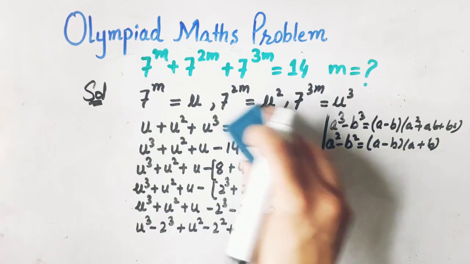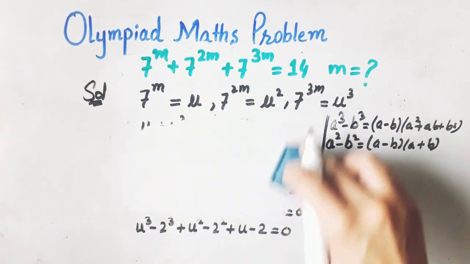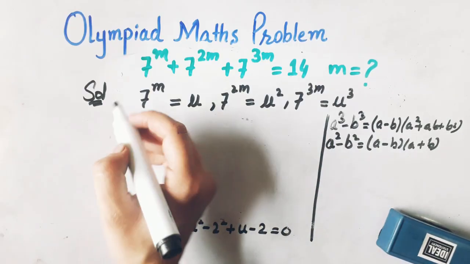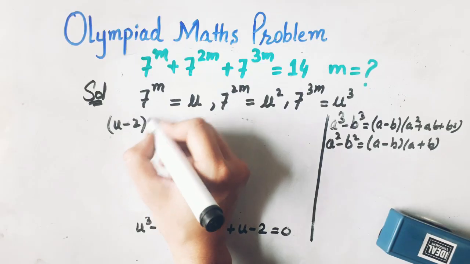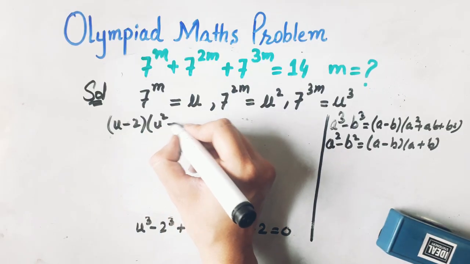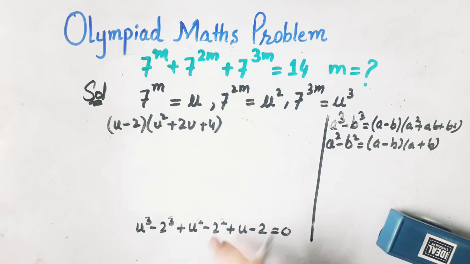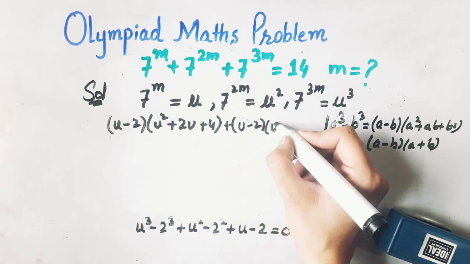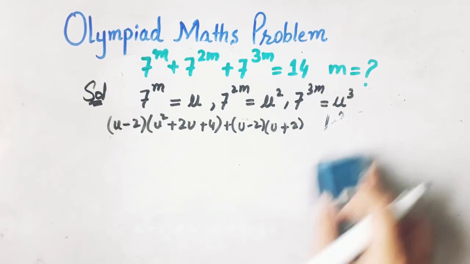So we will solve this further here, because then in place of u cube minus 2 cube we will write u minus 2 and then u square plus 2u plus 4, and for the other one we will write plus u minus 2, u plus 2, and the last one is u minus 2.